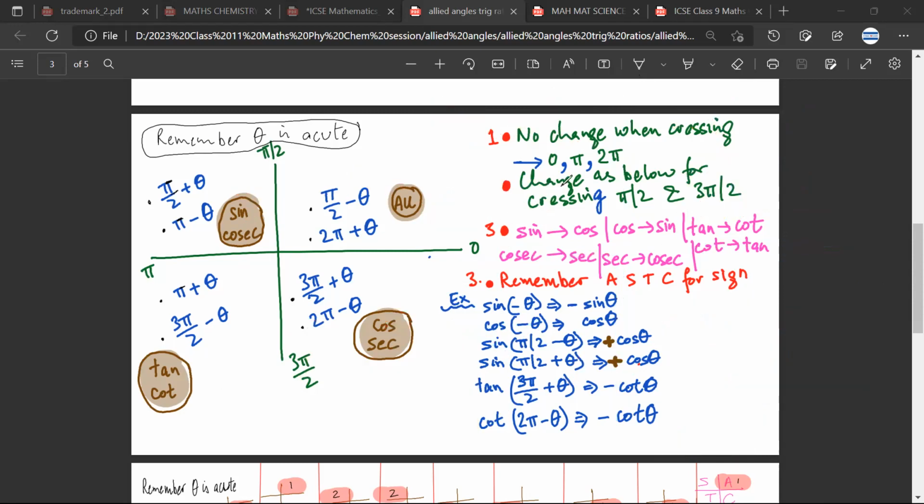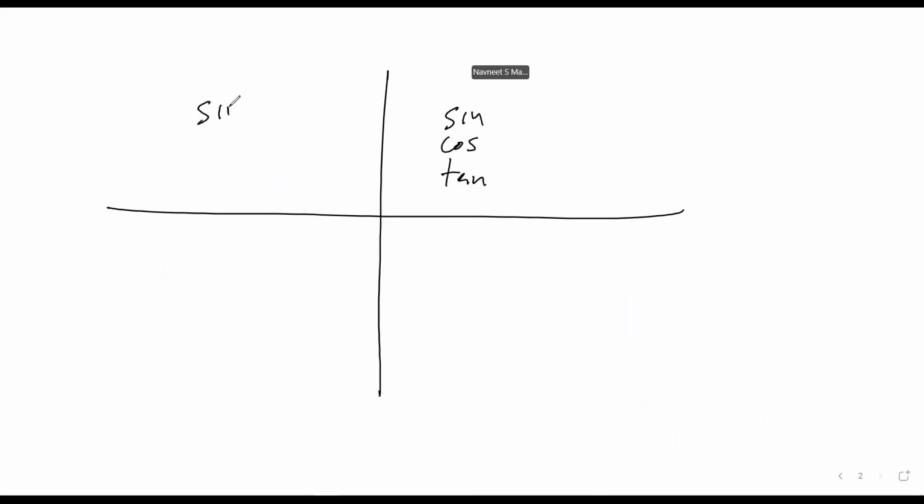So using this mnemonic device, we understand how the signs of various trigonometric functions vary. So here sine, cos, tan and their reciprocals are positive. Here only sine and its reciprocal cosecant is positive. Here only tan and cot is positive.